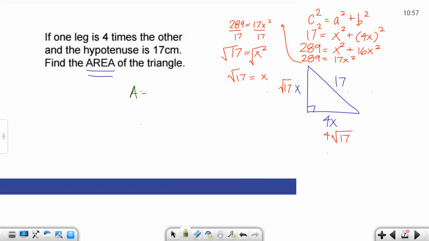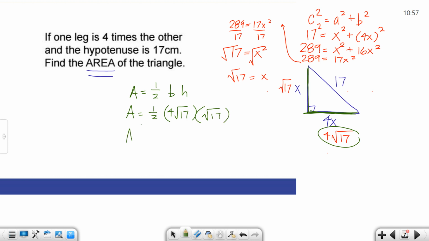So the area formula of a triangle is 1/2 the base times the height. The base of the triangle is this side right here, which would be 4 square root of 17. And the height of the triangle would be this side right here, which is the square root of 17. So when we multiply it out, we have 1/2 times 4.